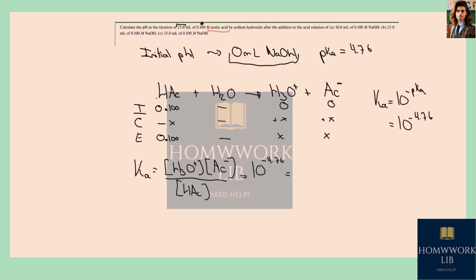Now we're going to replace the values of the equilibrium concentrations for each of them, finding x times x divided by 0.100 minus x. So over here we have two options.